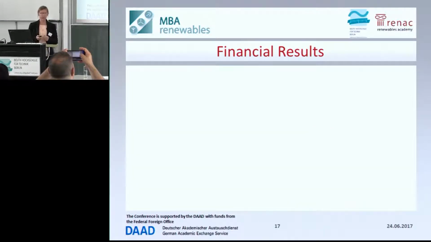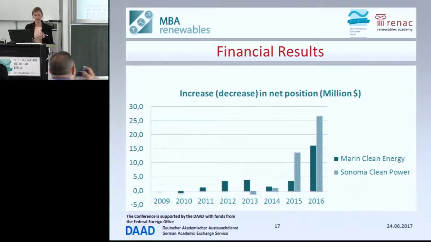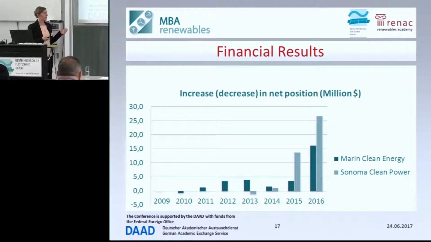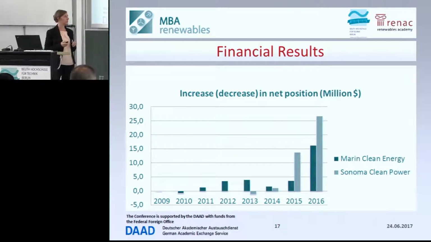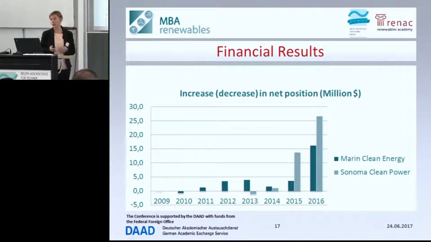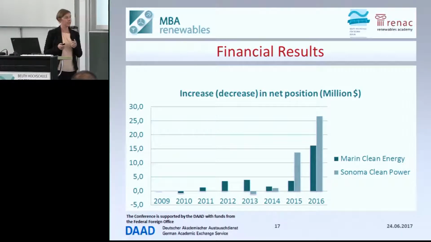Some financial results that I was looking at this year that are a little more available today. We can see Marine Clean Energy started in 2010, but in reality they started in 2009 to set up the whole process. It was the first community choice energy, and it took a little longer to create because they had opposition from the utility, and it's always like that.